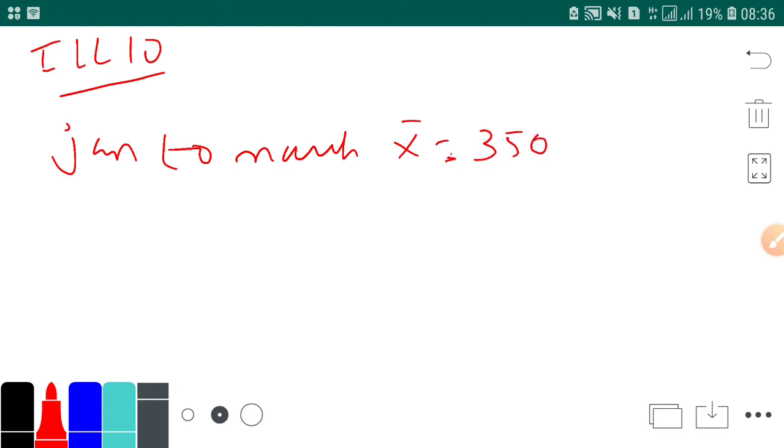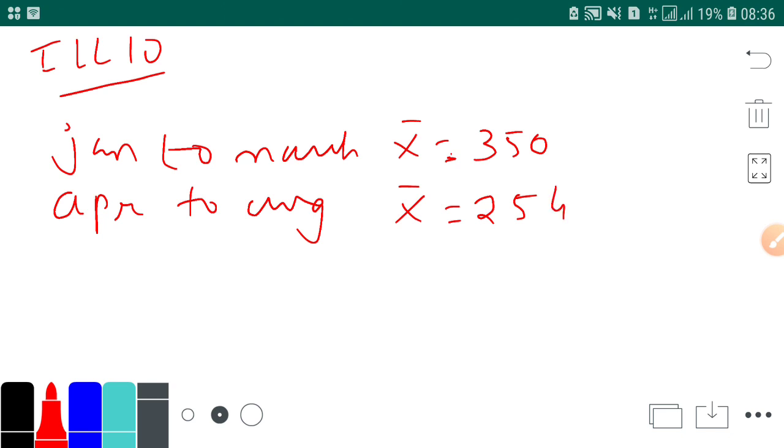Then April to August, the mean is 254. Then September to December, the mean is 315.